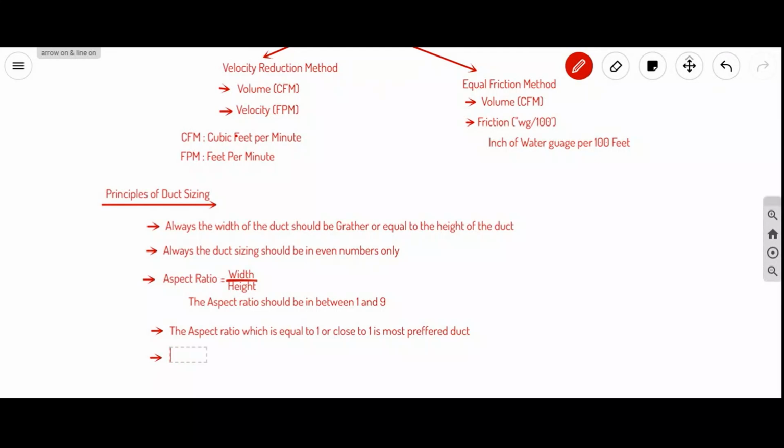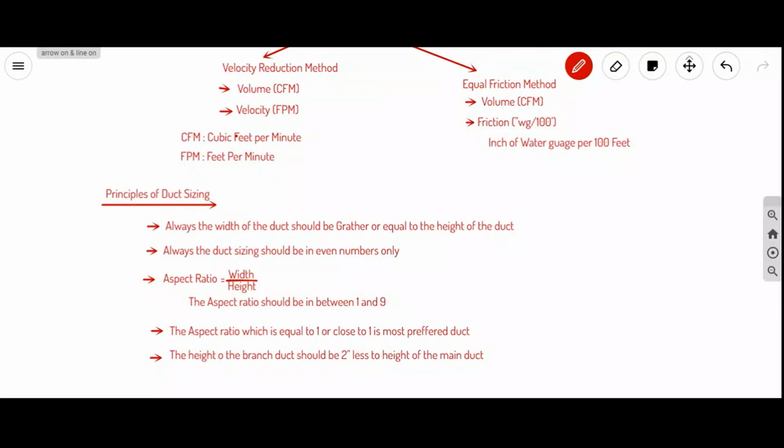The height of the branch duct should be 2 inch less than the height of the main duct.